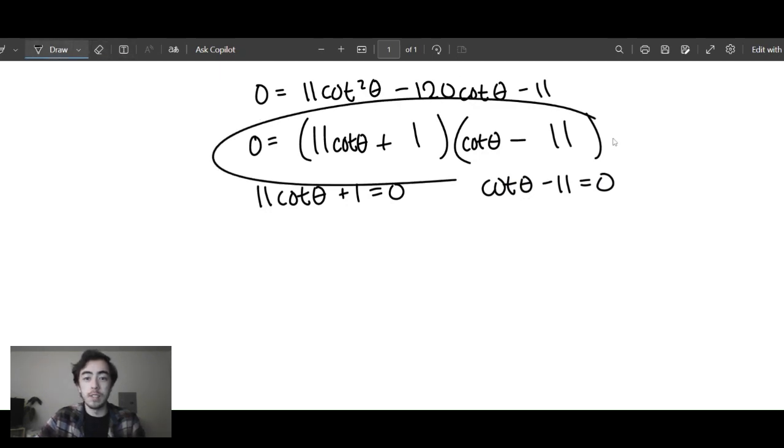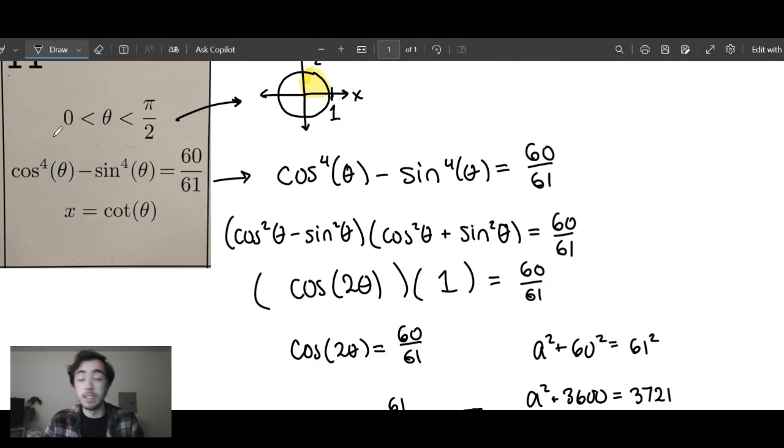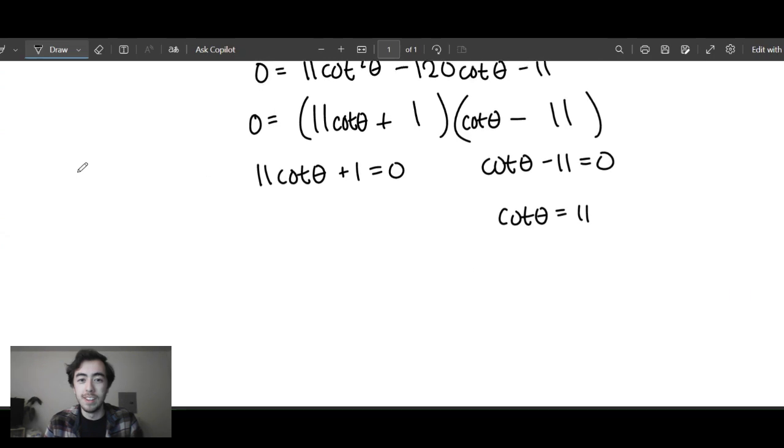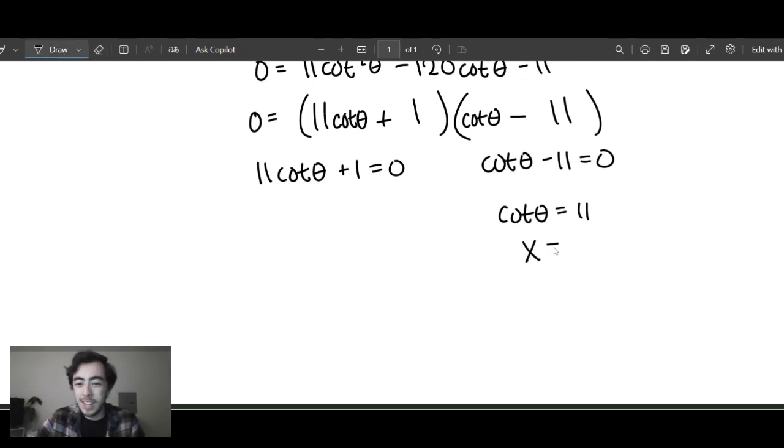So I can just say that cotangent of theta is 11, and using a little bit of substitution, knowing that x is the same as cotangent theta. Well, that's actually kind of funny that I was calling it x right here all along, and I was like, no, I shouldn't call it x. I didn't realize that it was actually x for the problem today. X is 11 because I could just substitute it in right there. Cool. So we're all done.